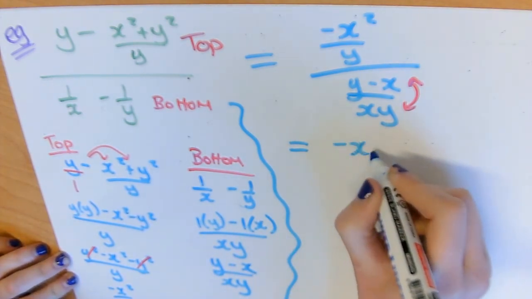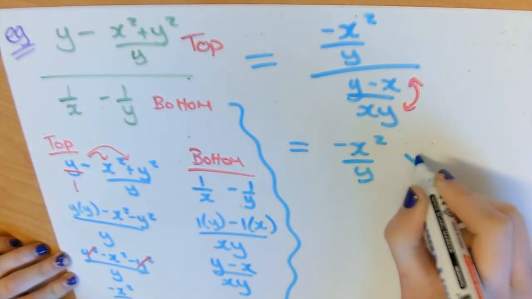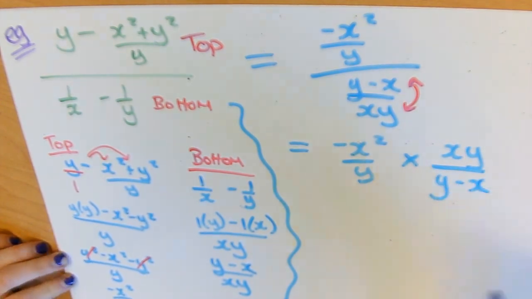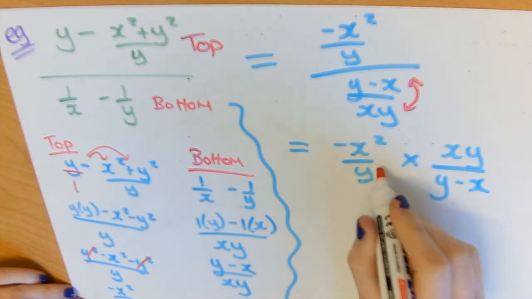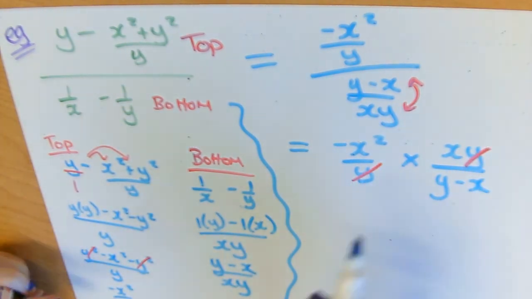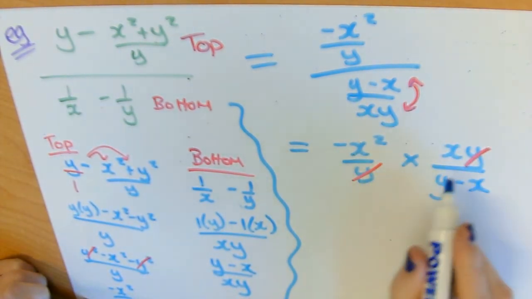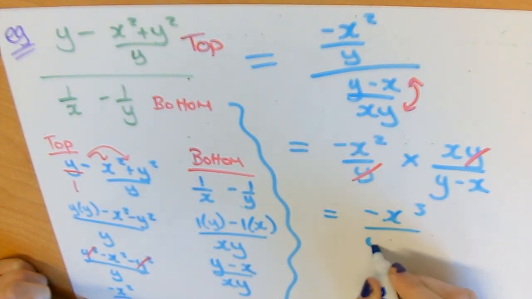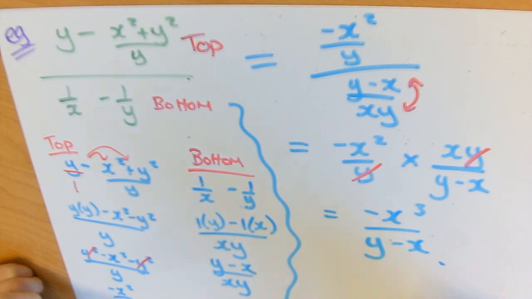So now I have minus x squared over y times xy over y minus x. So I can see my y's cancel. I have minus x squared times x, which gives me minus x cubed, all over y minus x. And this, lovelies, is my final answer. And we're done.